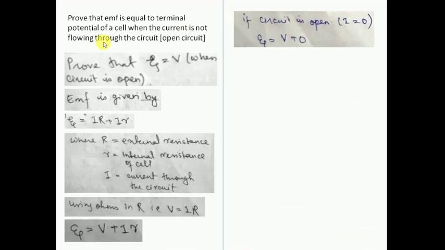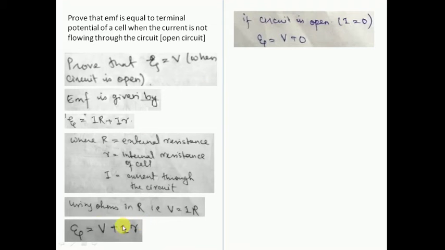So using Ohm's law, V is equal to IR, so E is equal to V plus Ir. So EMF is the potential difference across the cell plus current into internal resistance. But it's saying open circuit, so we have to prove it when no current is flowing. When the current is not flowing, I will be 0.